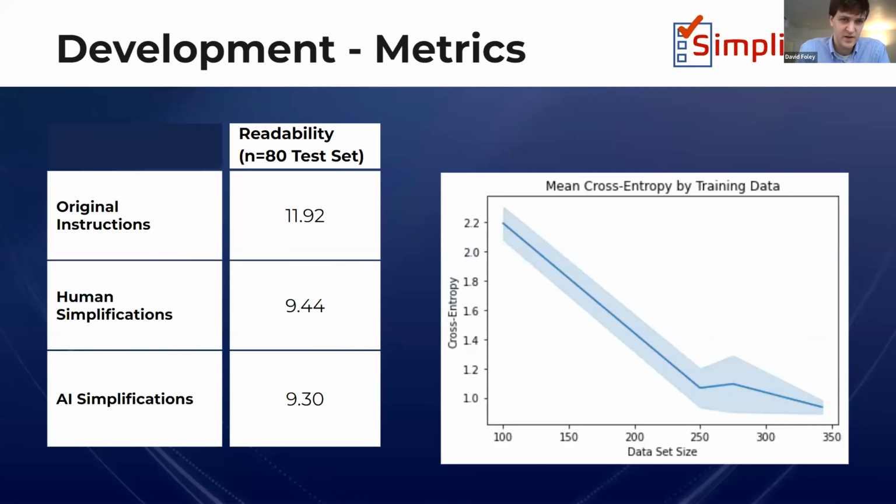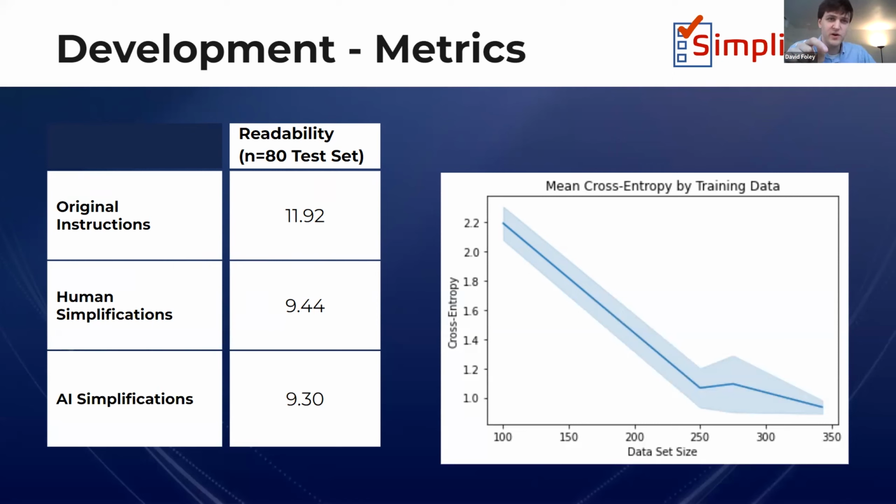Okay, so here are some metrics that we use to look at how the model has improved as we train it on more data. On the left, we see a readability score, and we see that for the original instructions, the human simplifications, and the AI simplifications. Now, this comes with a very big caveat, right?